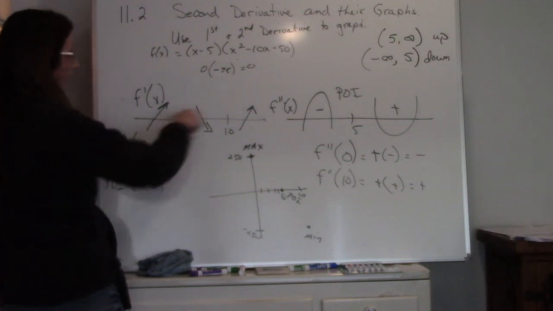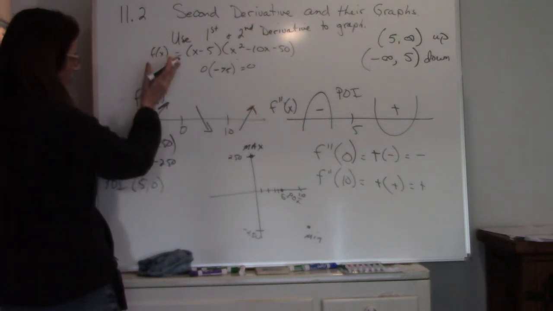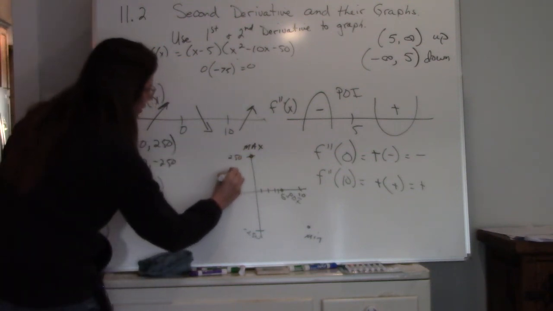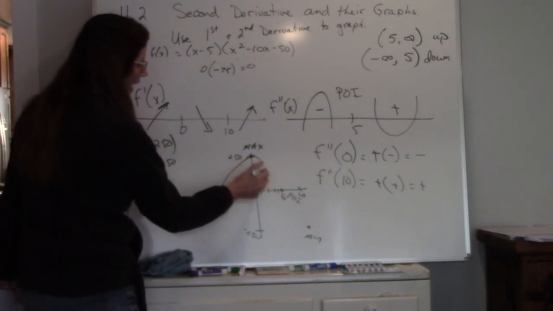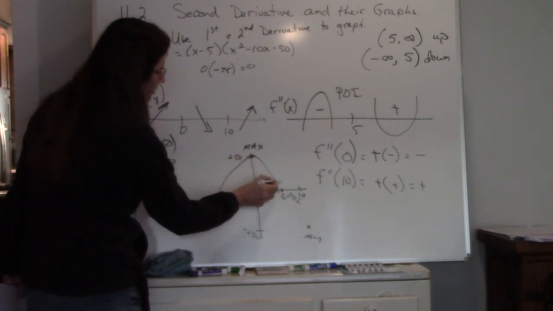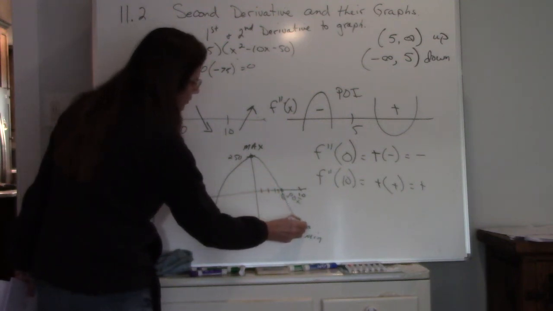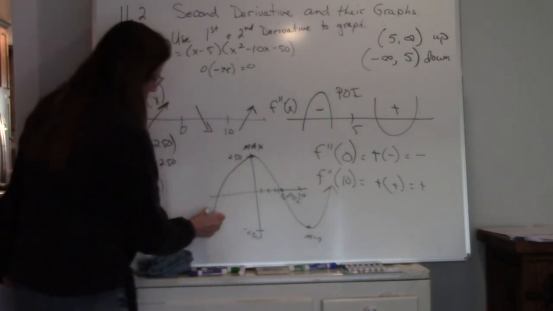So my graph, I have everything I need. In this interval, it's going up. It hits my max, and then it goes down. So it's going up, hits my max, and starts heading down. It has to cut through my point of inflection, because that's where it changes concavity. It hits my minimum, and then starts going back up again. Okay?